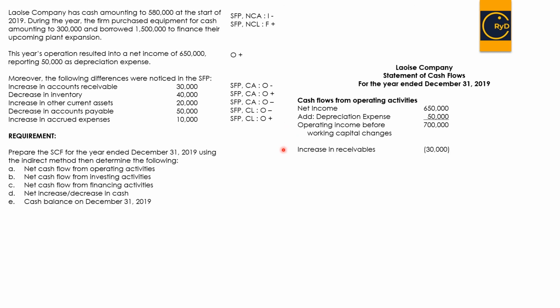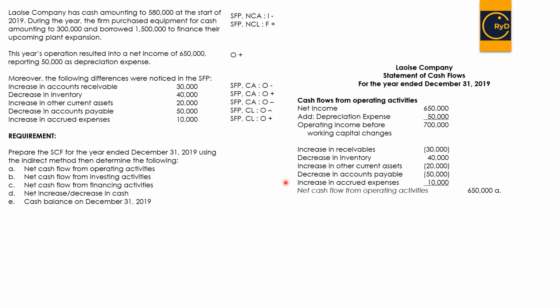So we start with the increase in our receivables, a deduction of 30,000, followed by decrease in inventory, an addition of 40,000, increase in other current assets, a deduction of 20,000. Next, we have decrease in accounts payable, still a deduction of 50,000, and then increase in our accrued expenses, an addition to our operating activities at 10,000.